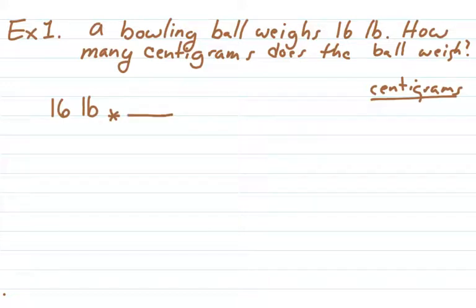And that conversion that I'm going to use is I know that there's 2.2 pounds in 1 kilogram. Notice here, this is what's called a conversion factor. It's 1 over 2.2. Now, you always want to put the unit that you have in the last step. So in this case, we had 16 pounds.